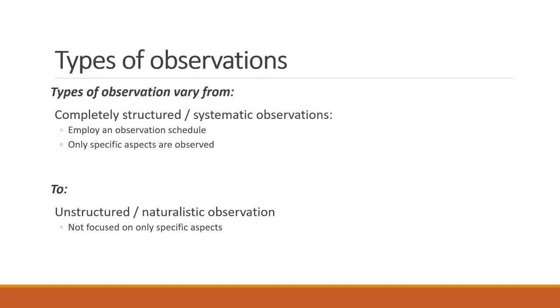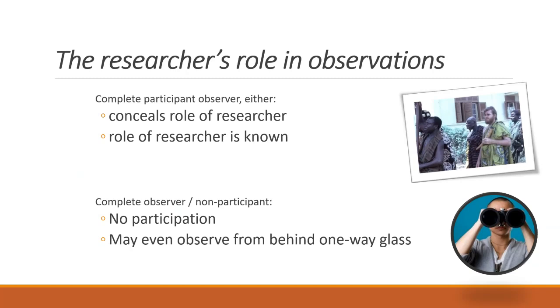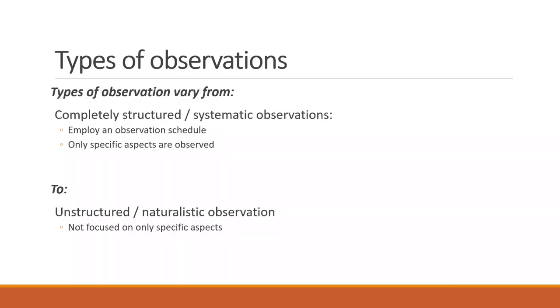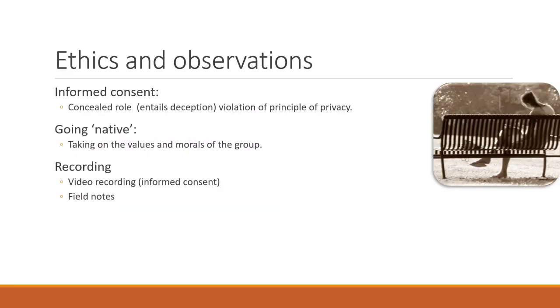But especially with this one, where we spoke about concealing your role as a researcher, if you're going to be concealing your role, then chances are you did not get informed consent, did you? Right?